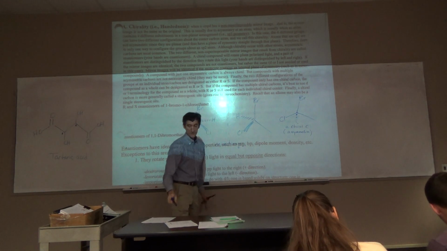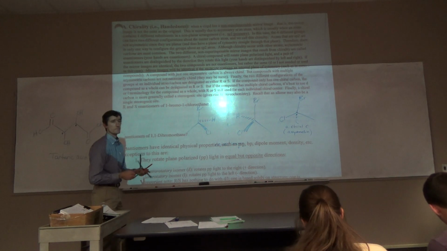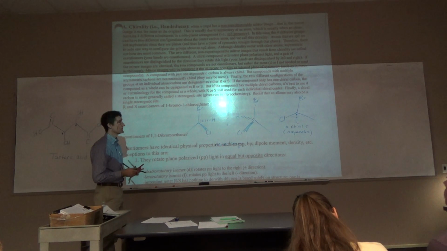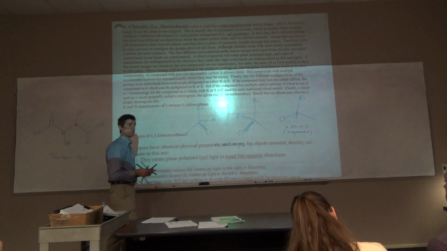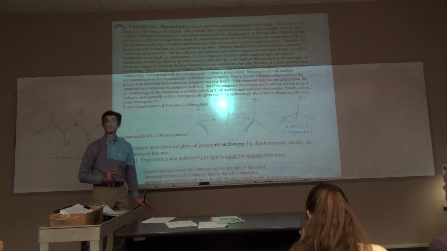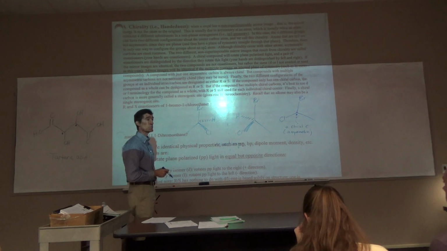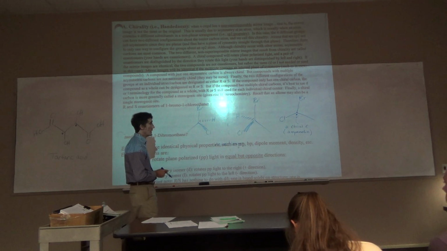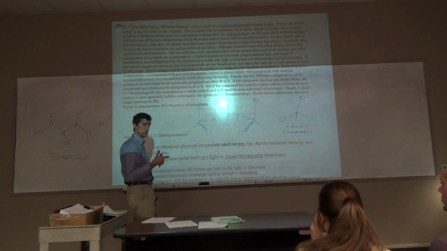But here's a bigger question. Are they the same or different? First off, are they isomers? Do they have same formula? Yes. They have same formula. There's only two types of isomers, constitutional or stereo.